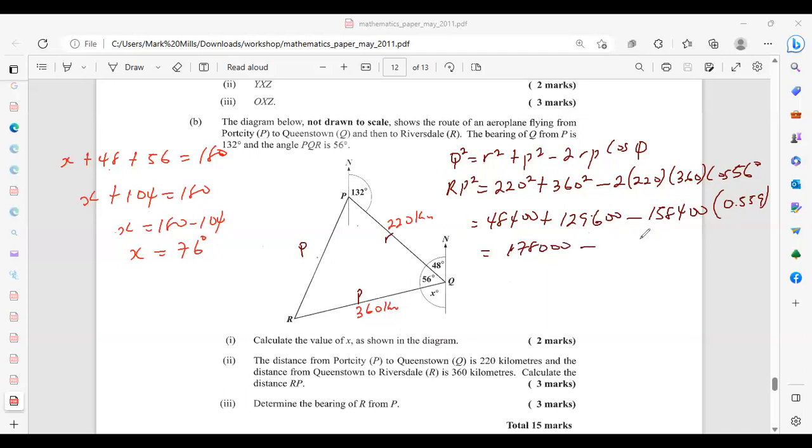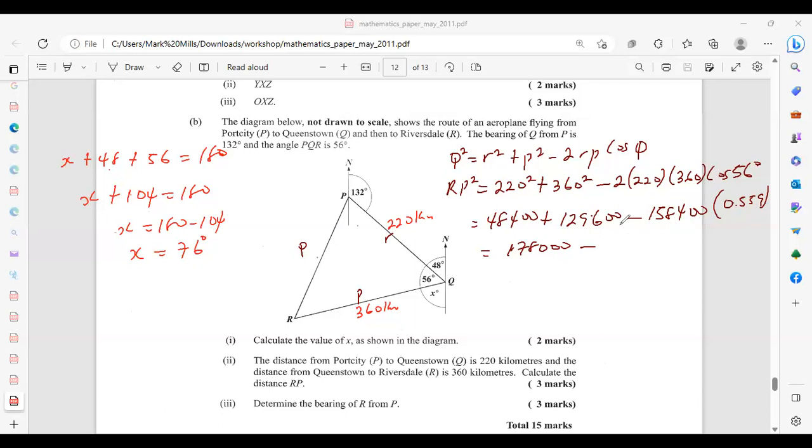Okay. Multiply these two for me. What do we get? Sorry, why do we never use the shift sign?